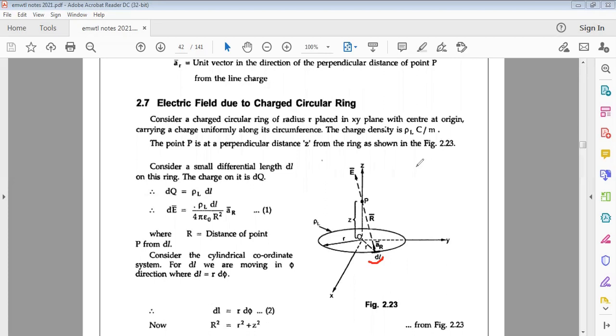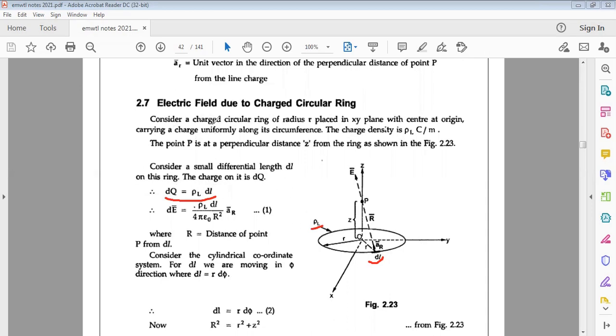That uniformly distributed charge we can consider as the charge density rho, and then a small differential charge dq is equal to rho into dl. We know this: the rate of change of the charge with respect to the length is the charge density. Got it, my dear students?